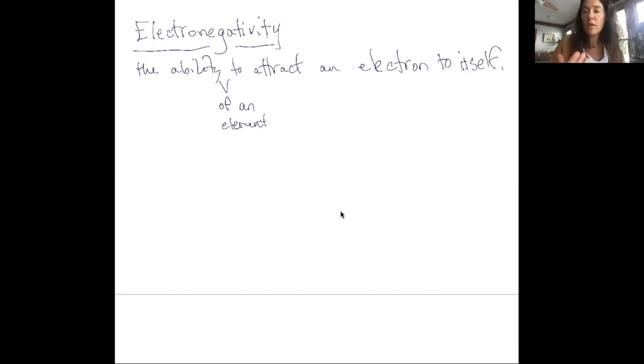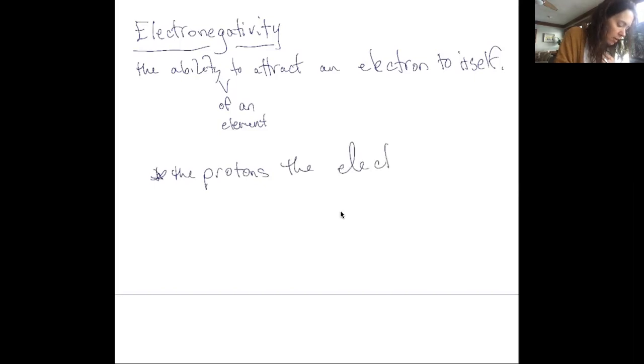So the greater the electronegativity of an atom, the better it is at pulling electrons. This is actually important, everything in here goes together. Okay, so the more electronegative, the more attracted this element is to electrons, the more it attracts them to itself, okay? So what part of the atom attracts electrons? Remember, the protons attract the electrons, right?